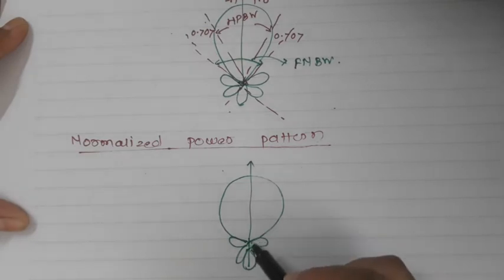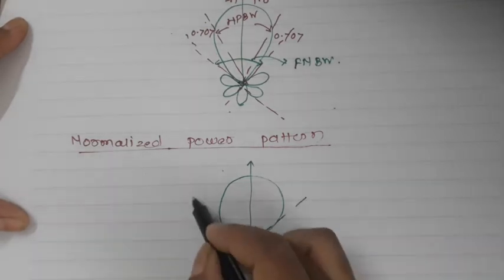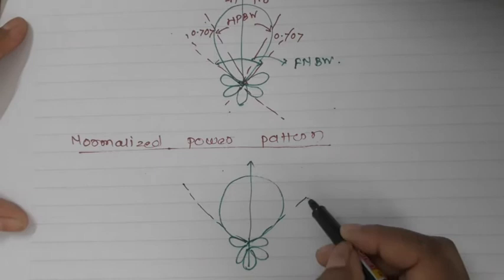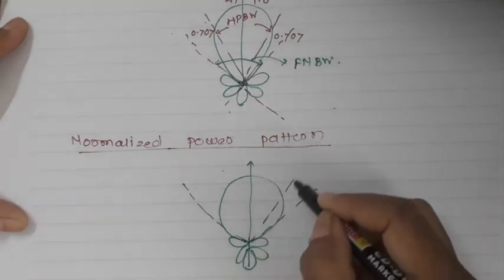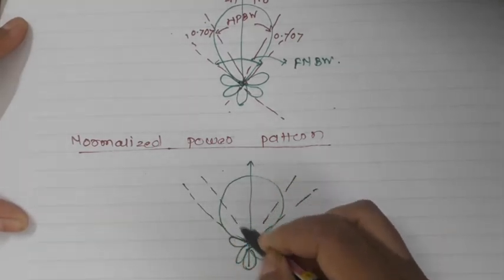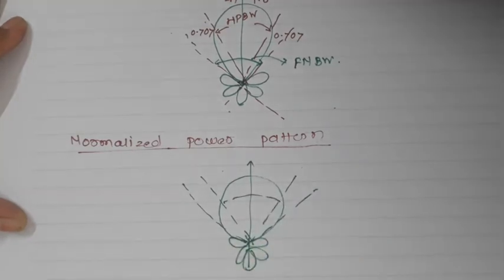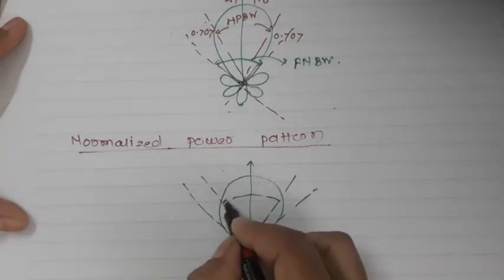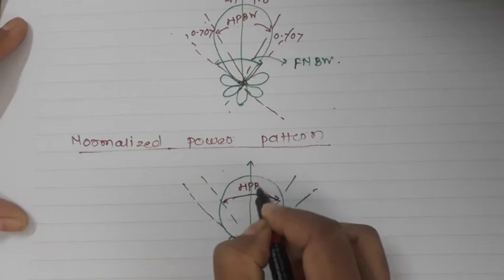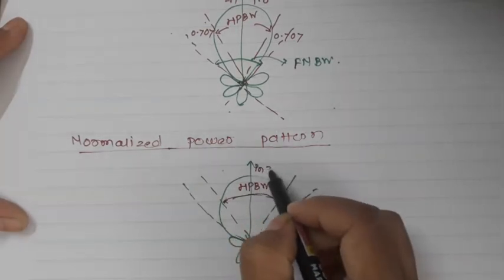Here you can see this is my first null beam width. Whenever you get half of the power, 3 dB down, it will be called the half power beam width. So this is nothing but the half power beam width. The maximum power I am getting here is 1.